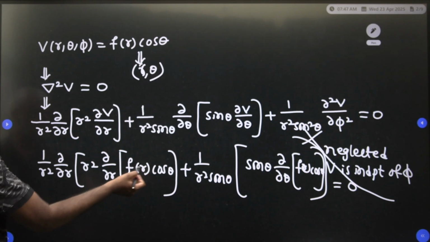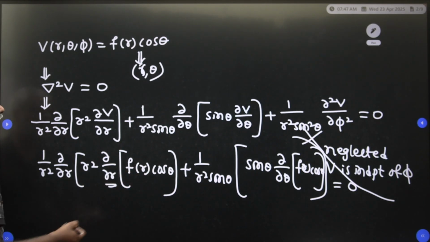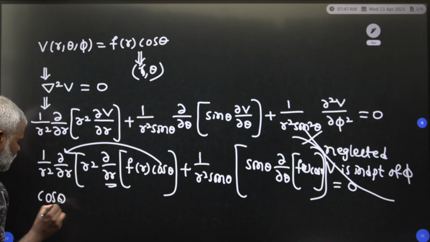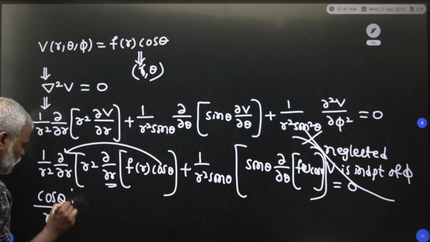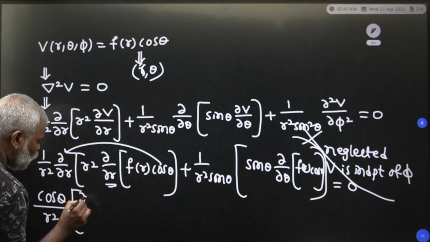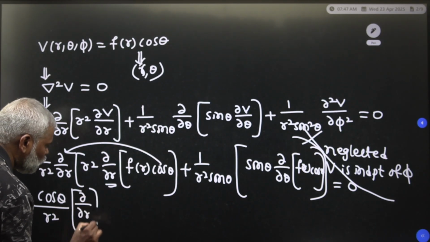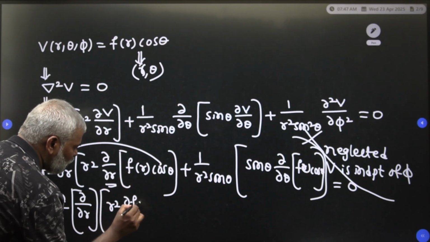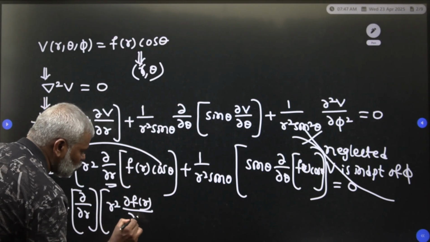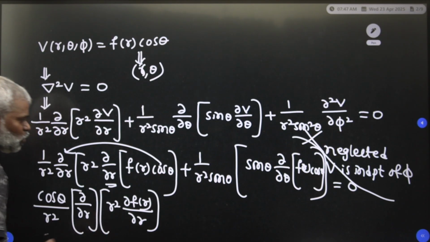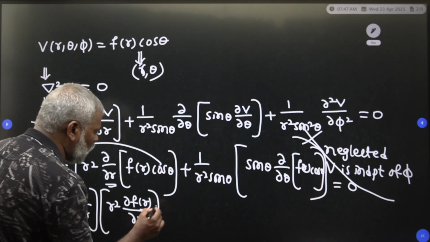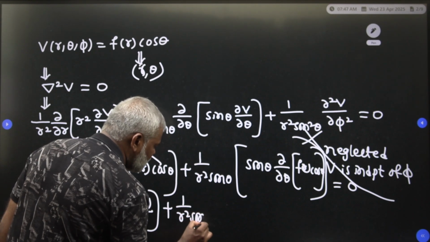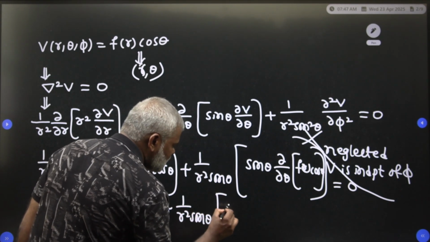Now, the variable is r, that is why cos theta you have to bring outside. Cos theta divided by r square into dou by dou r of r square into dou f of r divided by dou r, plus 1 by r square sin theta into sin theta.